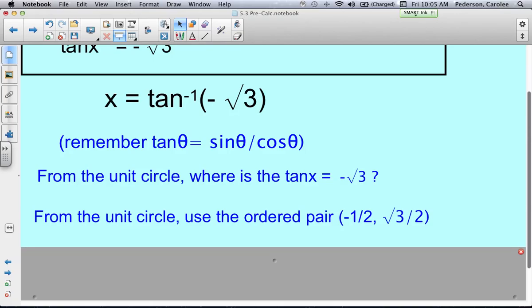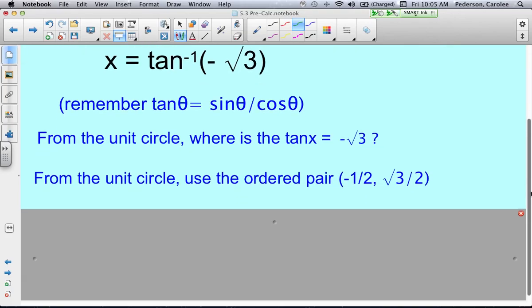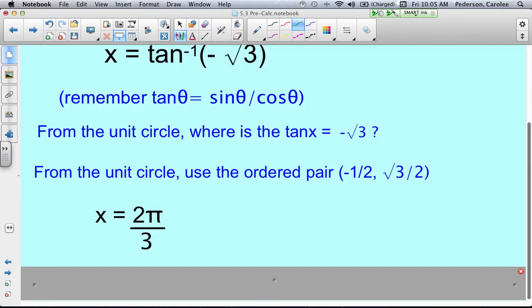So from the unit circle, use the ordered pair negative 1/2, square root of 3 over 2. And I'm not going to do this with you because you did this in chapter 4. You would take the sine over the cosine of that ordered pair. And when you're done, you would get negative square root of 3. And where that exists on the unit circle is 2 pi over 3 and 5 pi over 3.